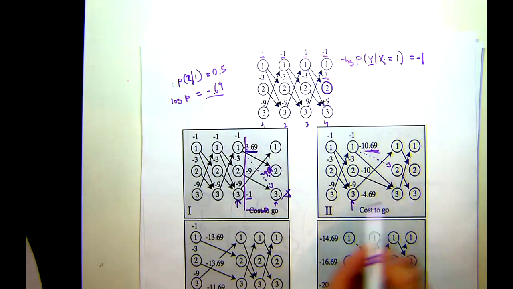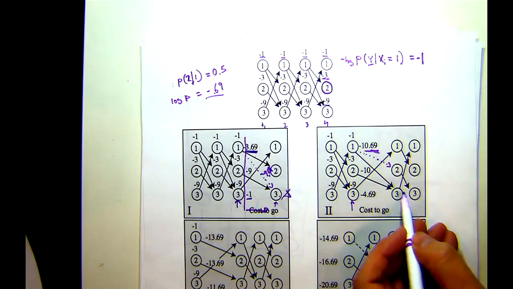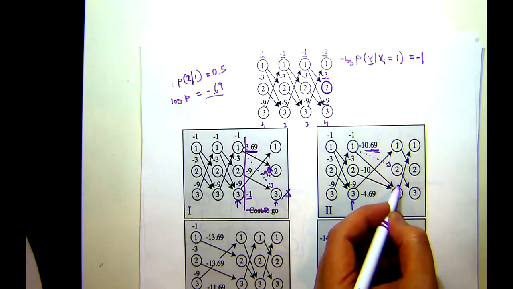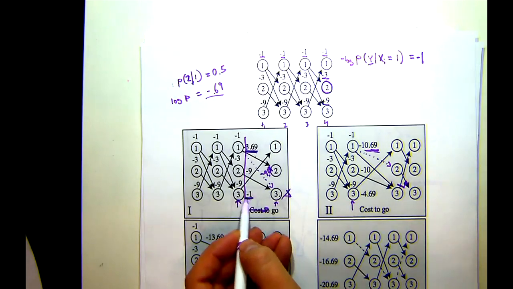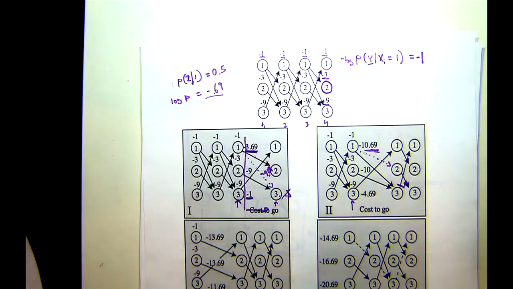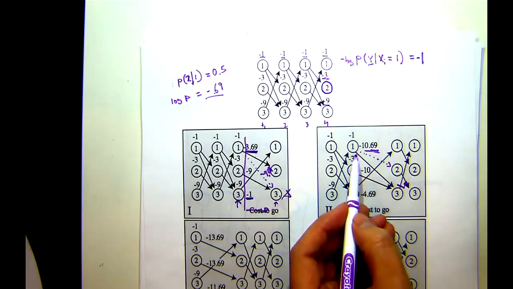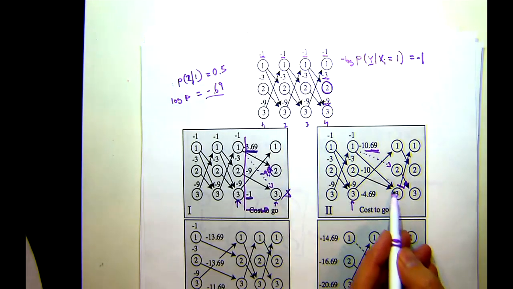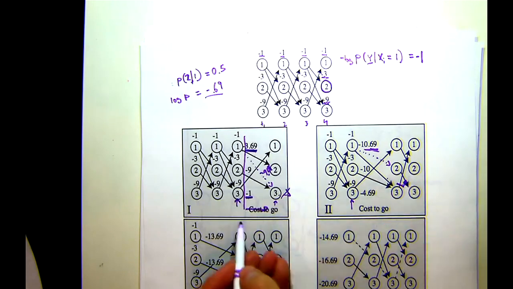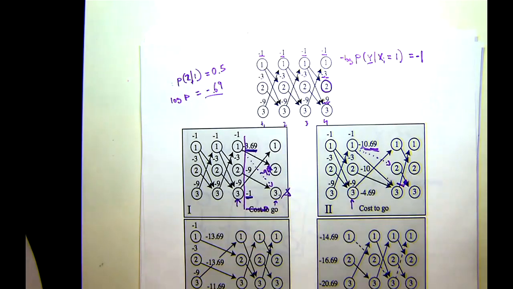And then the cost to go of this particular node, so everything beyond that, basically the best path, which we figured out right here. This is the best path leaving this node. So it's 0.69 plus 9 because we're going through this node, plus the cost of the best path, which is -1. So that becomes -10.